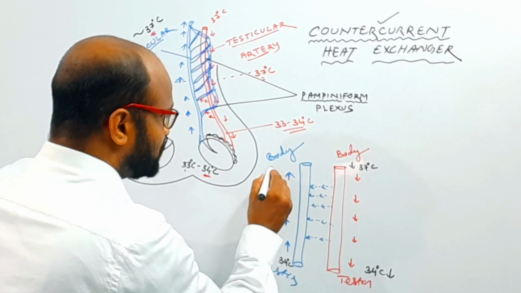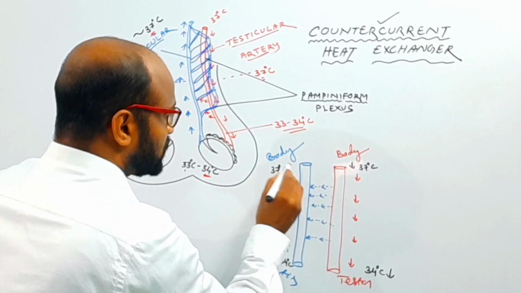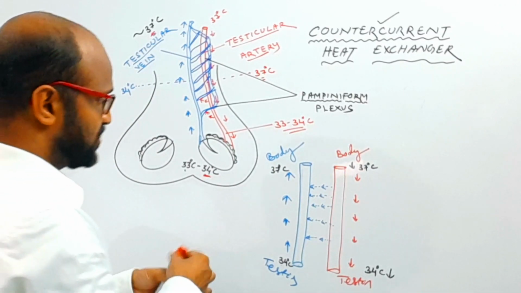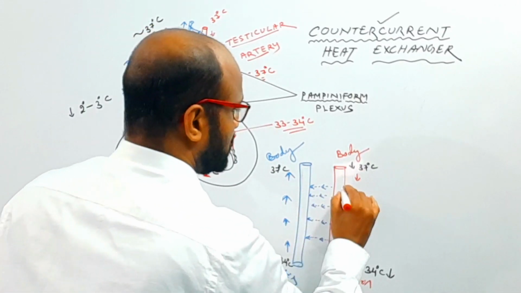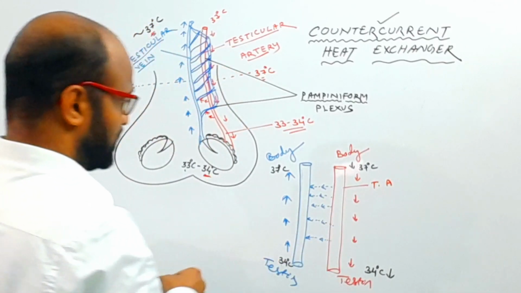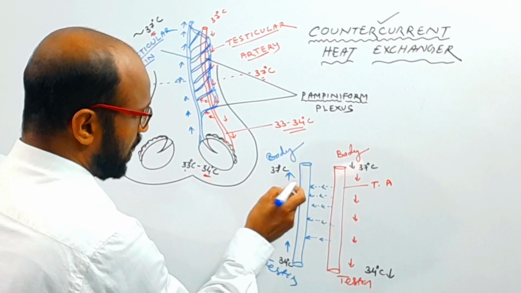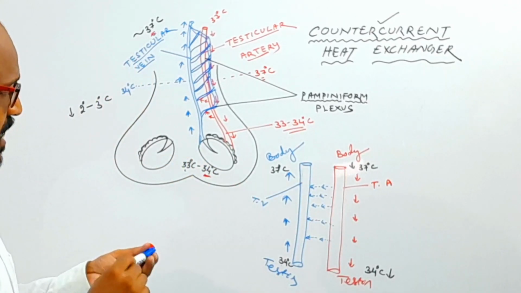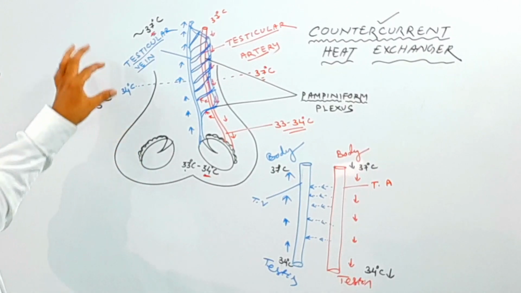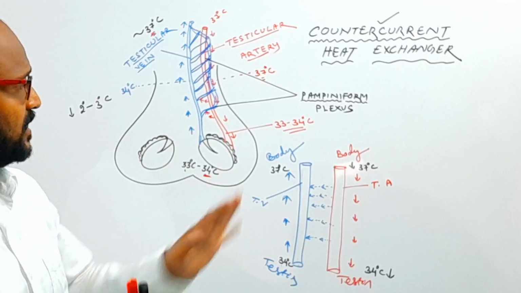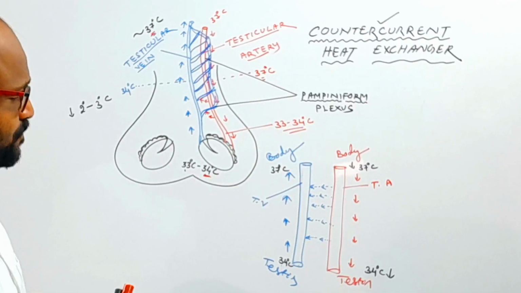And the 34 degree centigrade blood, by absorbing heat from the testicular artery, will increase to about 37 degrees centigrade. So this is the testicular artery, and this is the testicular vein, and the branches of the testicular vein around the testicular artery are known as the pampiniform plexus.